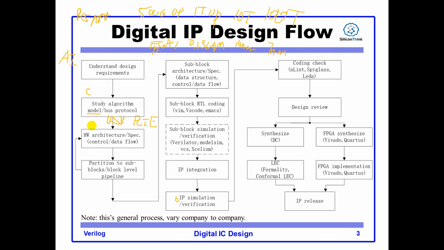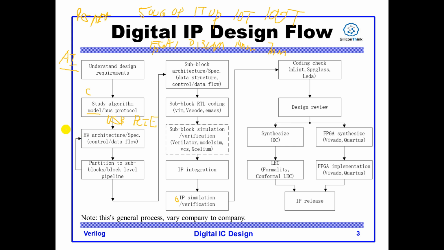After that, we are going to the stage of hardware architecture definition. In this step, you will try to map your algorithm or the function of the block to hardware architectures. For the AI example, how to map the operations, that is the many loops in the algorithm, to hardware architectures.